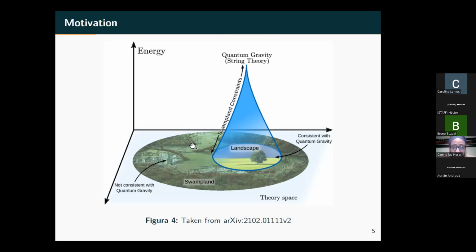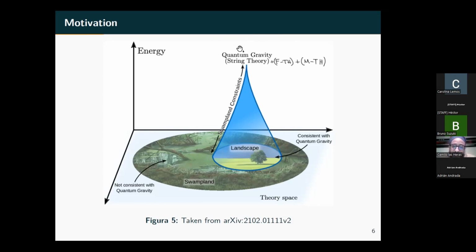However, there are effective field theories that live outside the landscape, and we will say they belong to the swampland, which are all those effective field theories that cannot be obtained from a consistent quantum gravity theory. So some physicists are now trying to identify if we belong to the swampland or to the landscape.